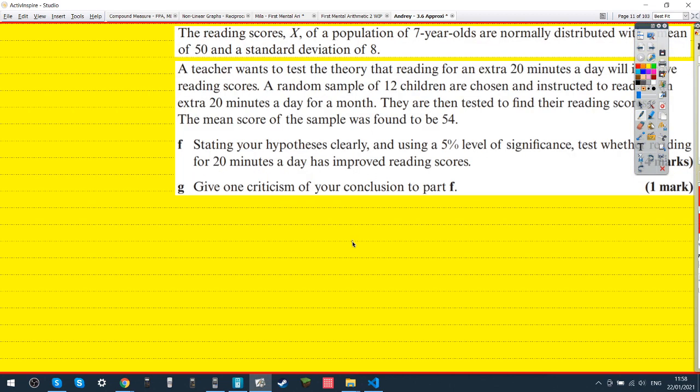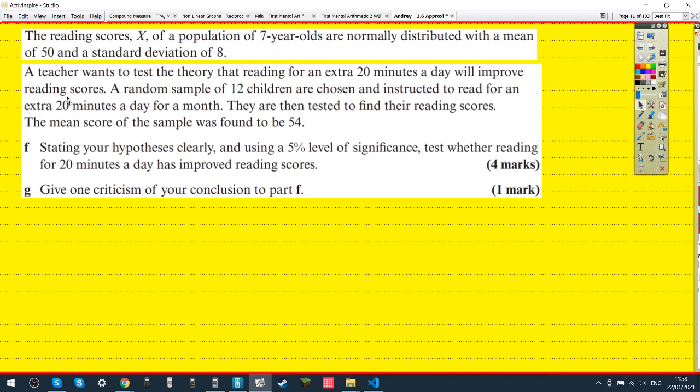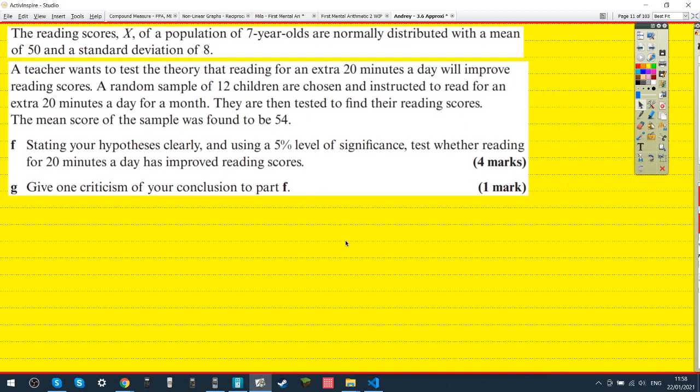All right. Let me see. Reading score, 7-year-olds. Yeah, all right. Let's try it.